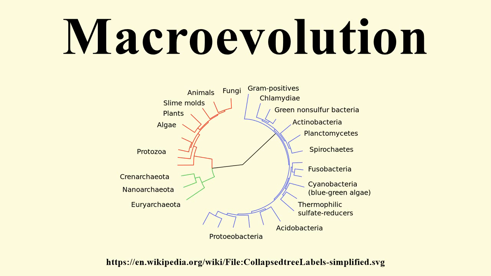The claim that macroevolution does not occur, or is impossible, is not supported by the scientific community. Such claims are rejected on the basis of ample evidence that macroevolution is an active process both presently and in the past.